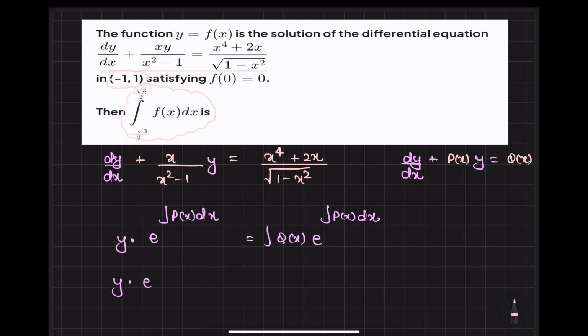So e power integration x by x square minus 1 dx, y times that, is equal to integration x power 4 plus 2x upon root over 1 minus x square, and then e power integration x by x square minus 1 dx.